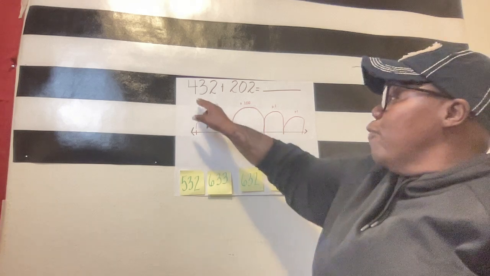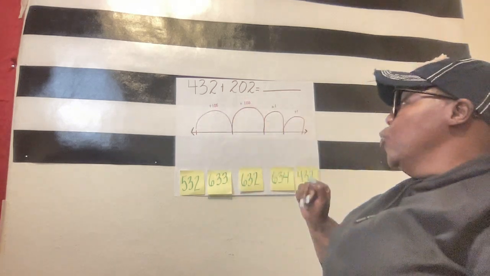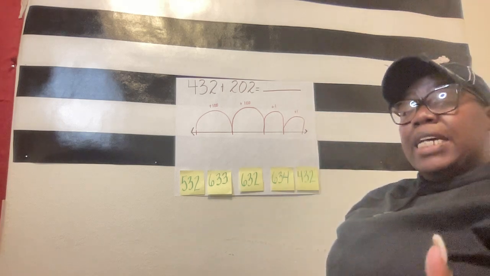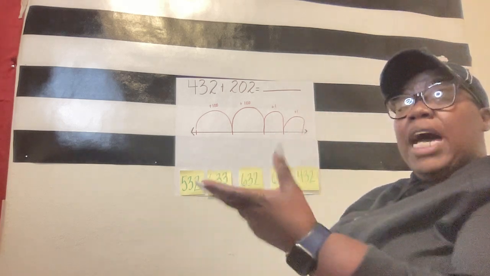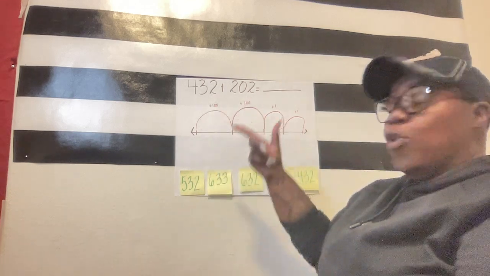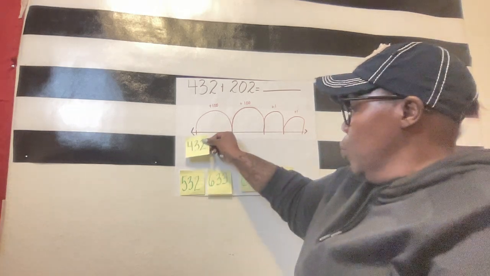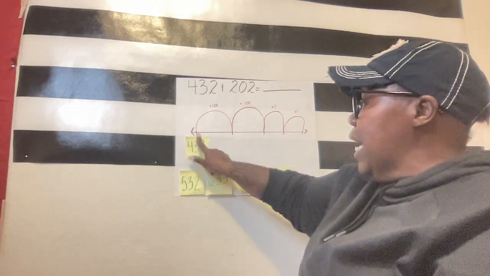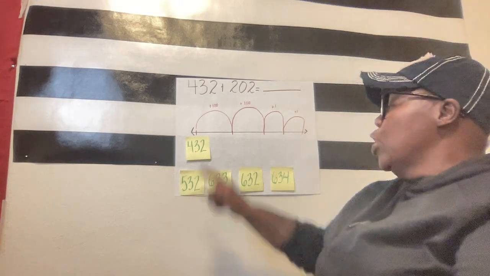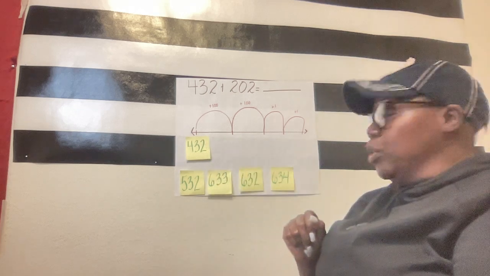So in this case, you have 432 plus 202, and you want to know what that is equal to. So remember, we have said that the open number line starts with the largest add-in. The largest add-in here is 432. So you will find that box that's 432, and you will place it at the beginning of the number line because that's the number that you will start with.